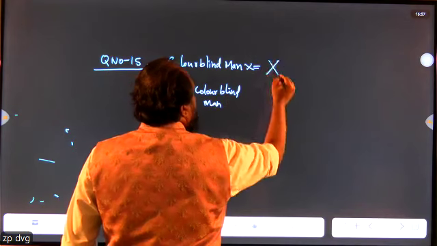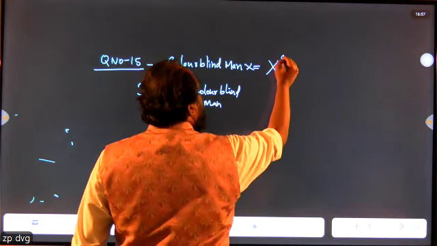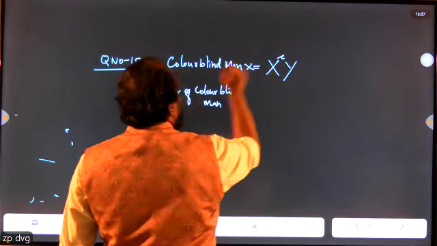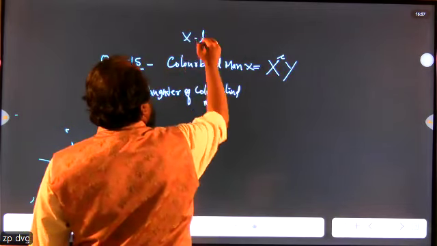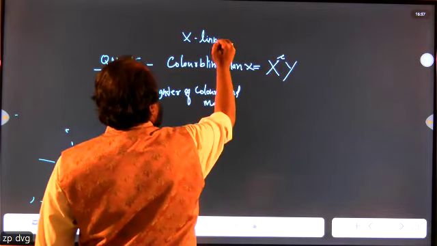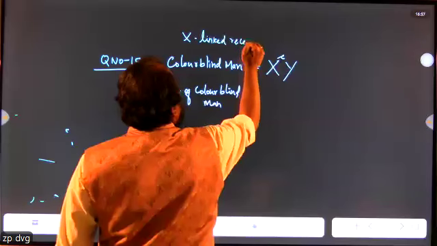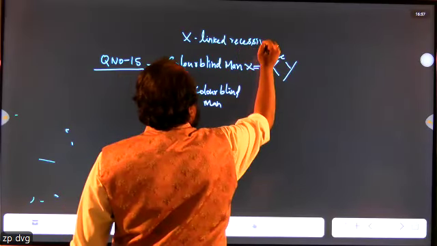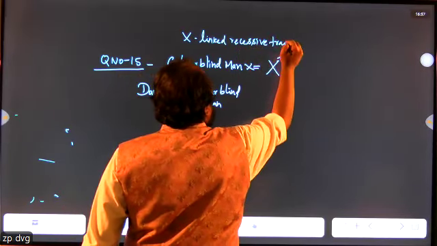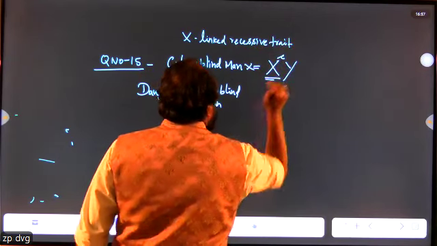What is the genotype? I can put small c for your understanding, because colorblindness is an X-linked recessive trait. So the abnormal gene is present in the X chromosome.